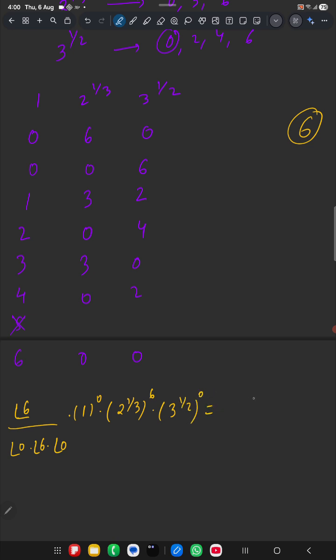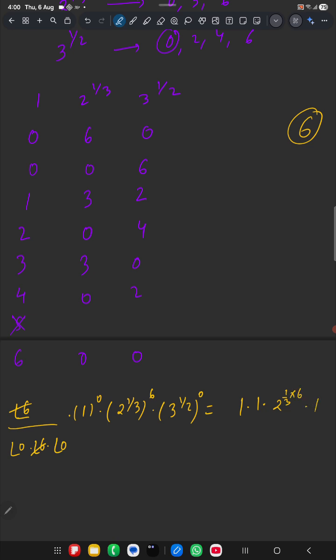If you calculate it, factorial 6 is cancelled, factorial 0 will give you 1, 1 power 0 will give you 1, into 2 to the power 1 by 3 power 6 will give you 2 to the power 1 by 3 into 6, into 3 to the power 1 by 2 power 0.